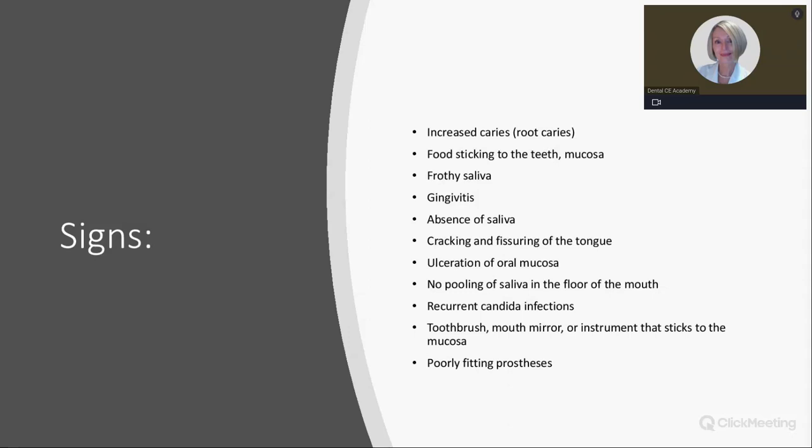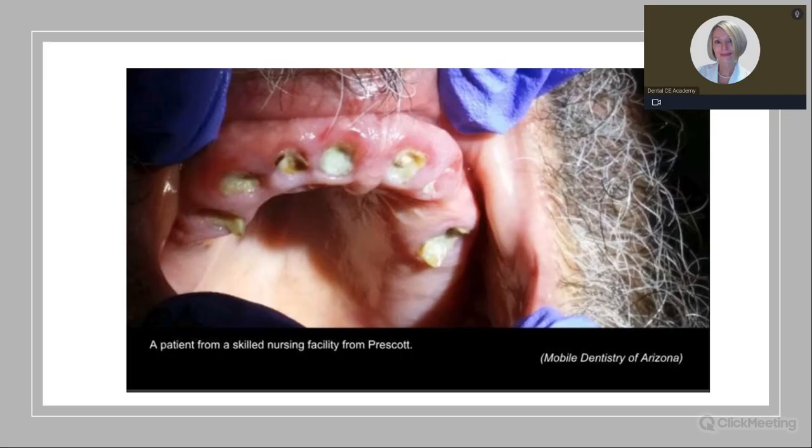Again, signs we may see: increased root caries or incisal caries, food sticking to the teeth and the mucosa, frothy, ropey saliva, gingivitis, absence of saliva, cracking and fissuring of the tongue, ulceration of the oral mucosa, little to no pooling of saliva in the floor of the mouth, recurrent Candida infections, a toothbrush or mouth mirror instrument that sticks to the mucosa, and poorly fitting prostheses.